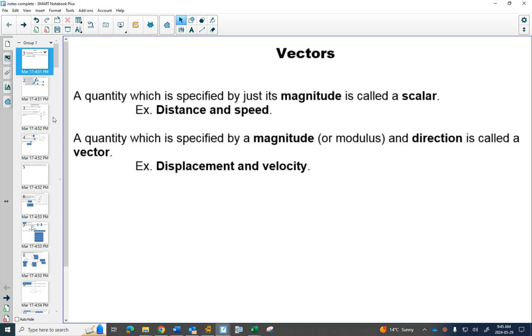Distance and speed are both scalars unless you give them a direction. If I go 3 kilometers, you don't know where I went. I could go 3 kilometers in any direction. But if I told you I went 3 kilometers north, then that could be a vector. So distance is a scalar, but displacement is a vector because it has direction.